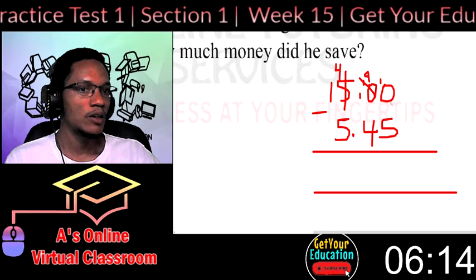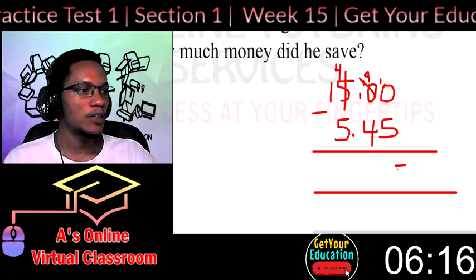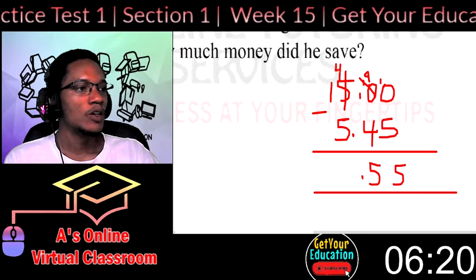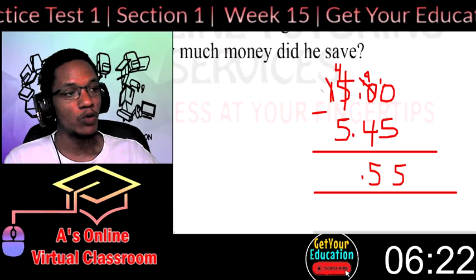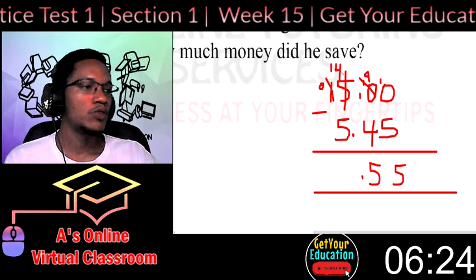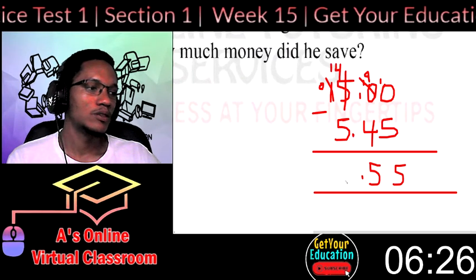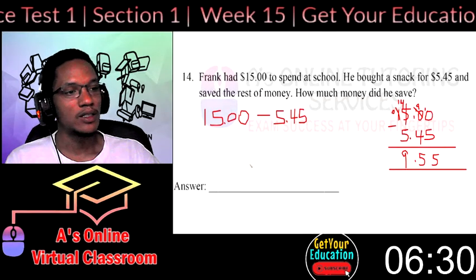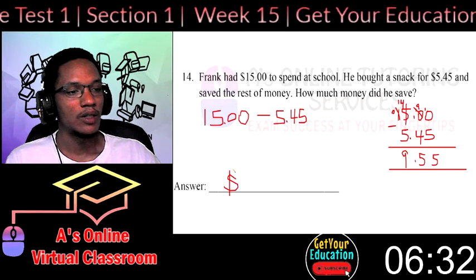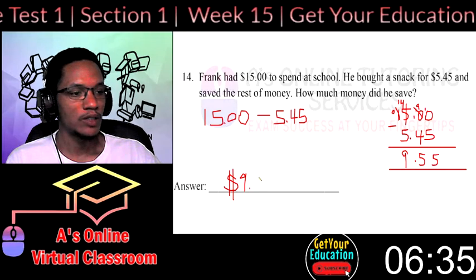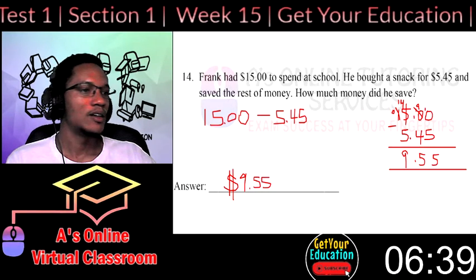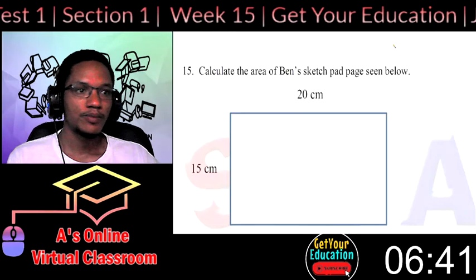I'm getting 10 here. 10 take away 5 is 5. 9 take away 4 is 5. 55. 4 take away 5 can't, so we had to borrow from the 1. 14 take away 5 is 9. So he spent $5.45 and he saved $9.55. And that's it. Alright, next question.